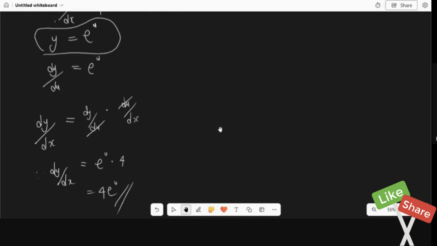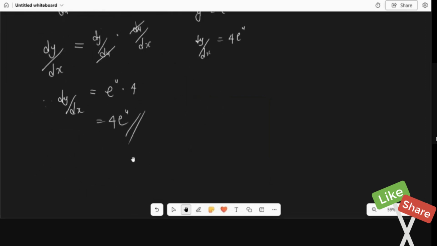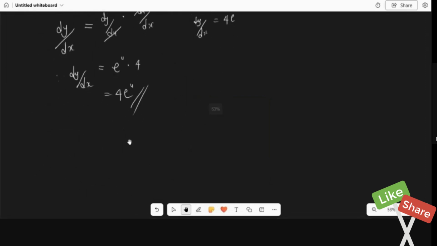Imagine the actual question was y is equal to e^(4x). Now dy over dx is equal to what? 4e^u. But we're not done yet. What is u? It's 4x. So don't forget, you're not done. You have to replace u, because there's no u in our equation here.